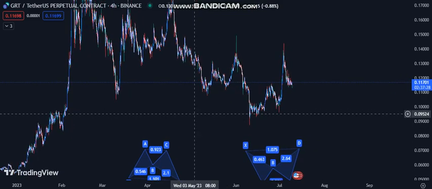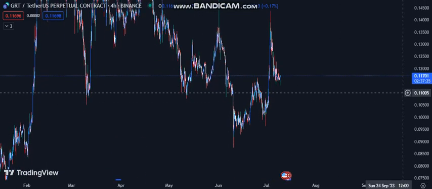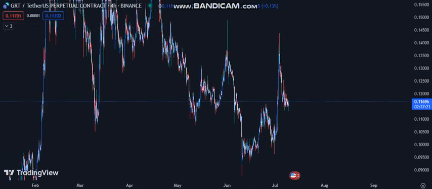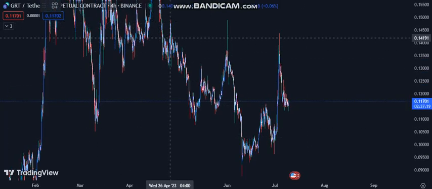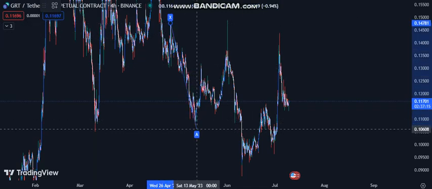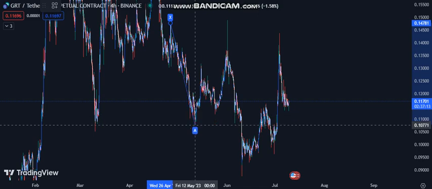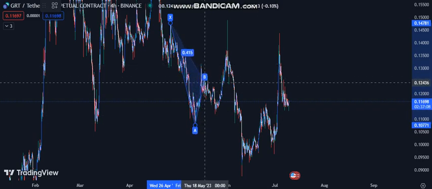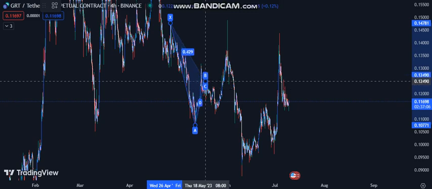So let's see how to draw them. There are two types. For example, let's say this harmonic pattern started from this top to this top. The B point is always a tricky one.